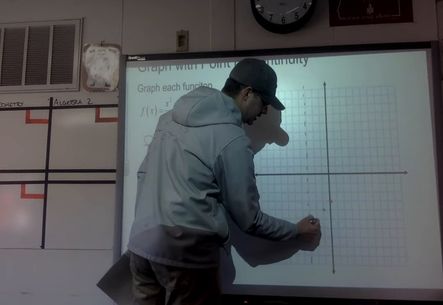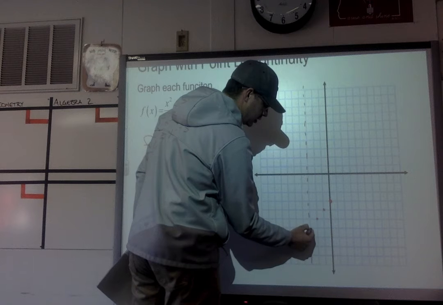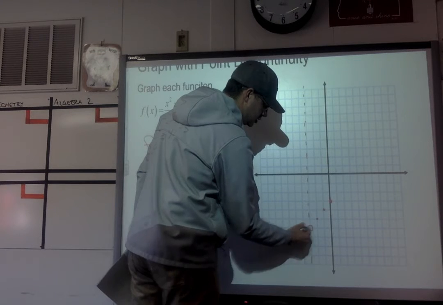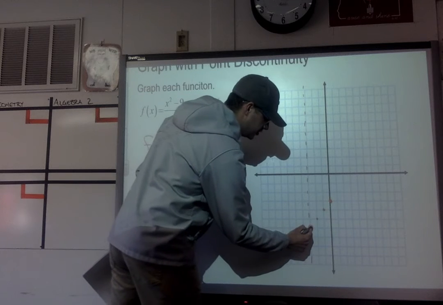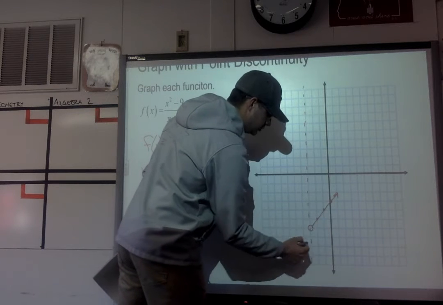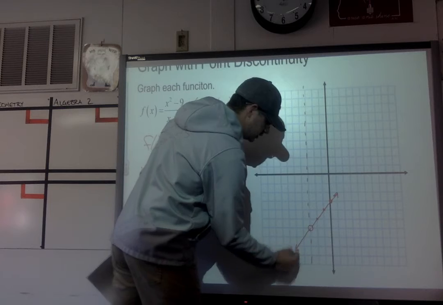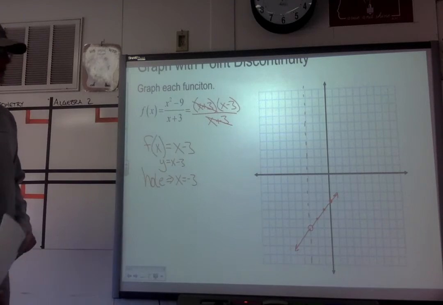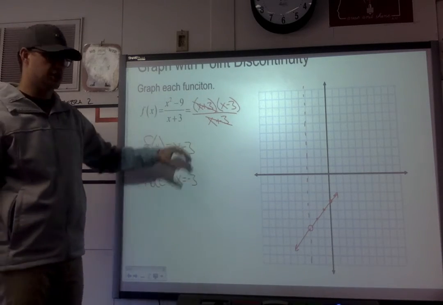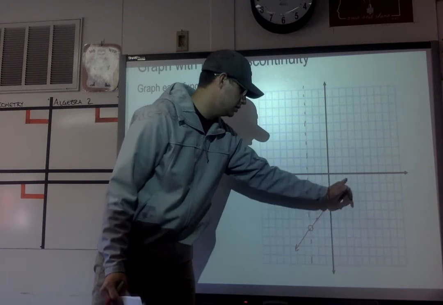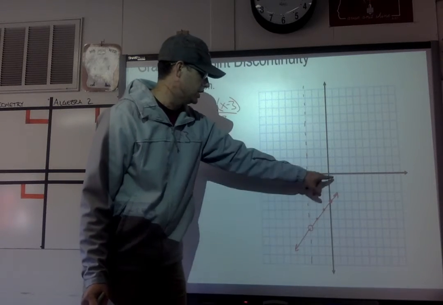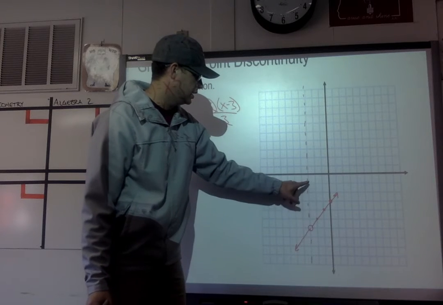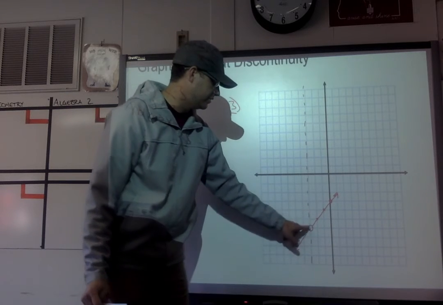So if I go ahead and do my slope of 1, I'm going to have a hole there at x equals -3. So my line would go there and continue on that side. So our solution to this function would be any point that falls on this line except for that point at -3, -6.